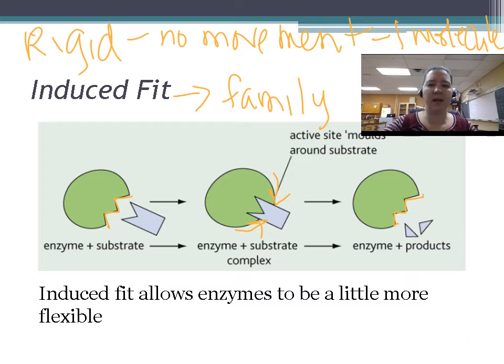If we had another molecule that was a little more spread apart, the induced fit enzyme could work on that molecule as well. So generally, with a rigid enzyme: one shape, one structure, one function. Induced fit: flexible shape, a variety of similar functions.